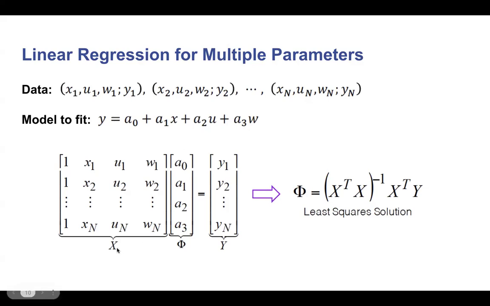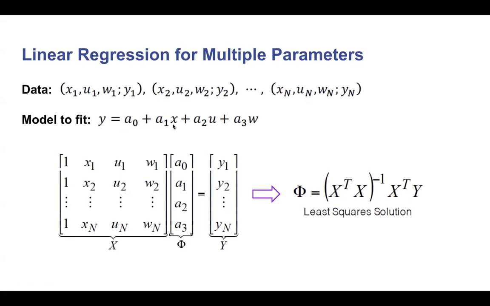What you have to do is create a capital X matrix. How does the capital X matrix look? The first column will be all ones, by default. Why? Because your function is of this form: y0 is equal to A0 plus A1x plus A2u plus A3w. The coefficient of A0 is 1, so 1, 1, 1, 1, 1.